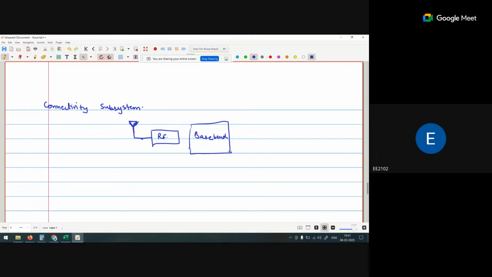Then I think we require a link, and that is the connectivity layers.